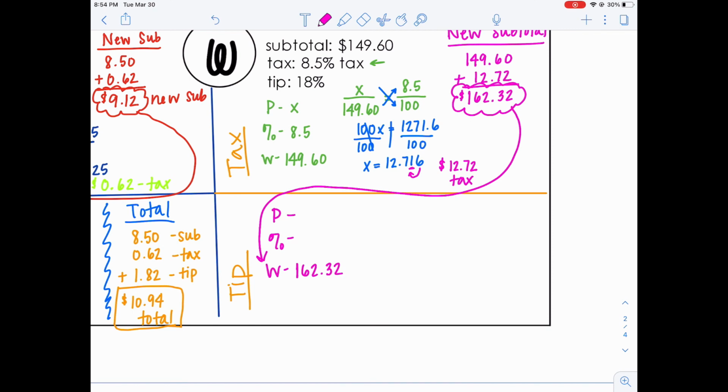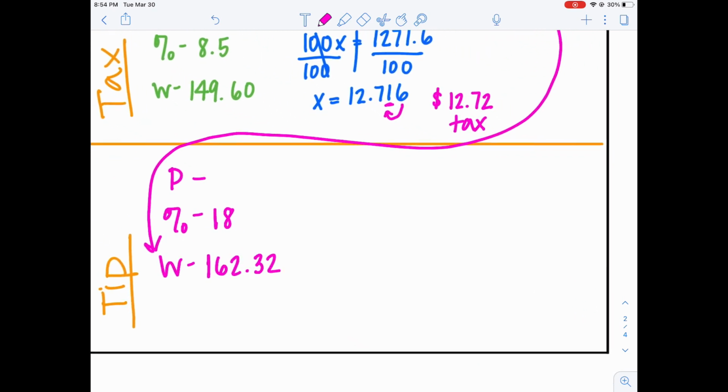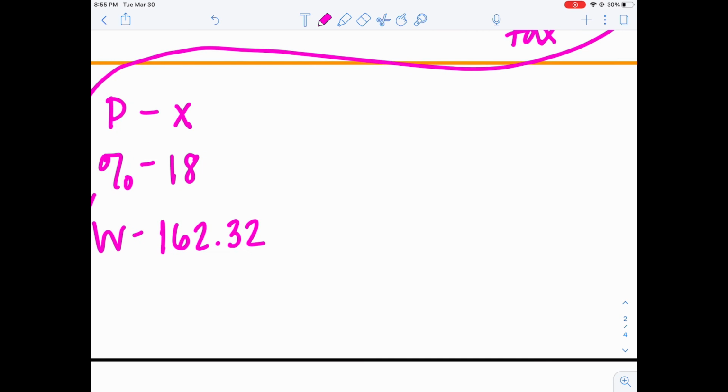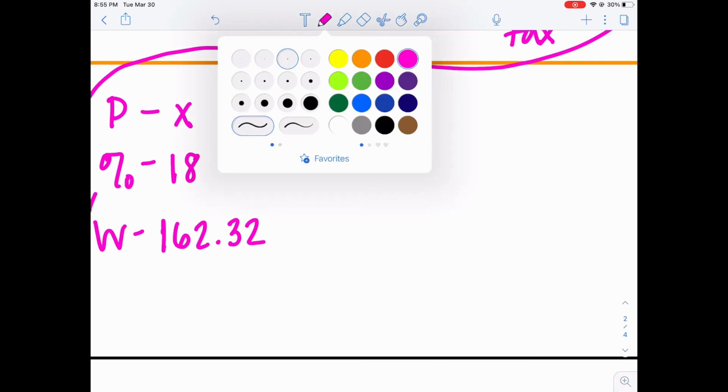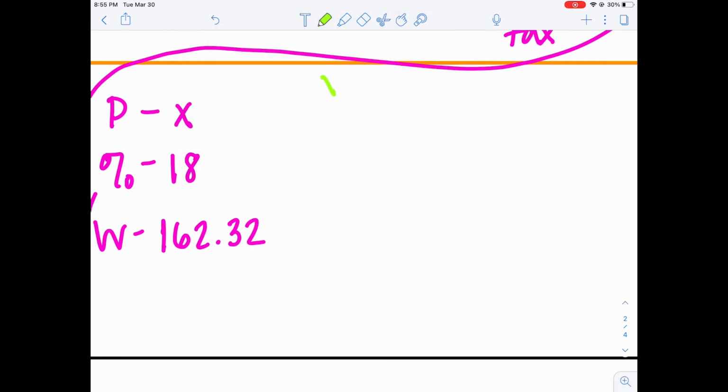So $162.32 is the whole. For the percent, we're going to look back up to the top. It says we're doing the tip, so 18% is my percent, so we're going to plug that in for the percent. And then they don't give us the part, so we're going to write X. Using our percent proportion, we're going to do X over 162 and 32 hundredths equals 18 over 100.